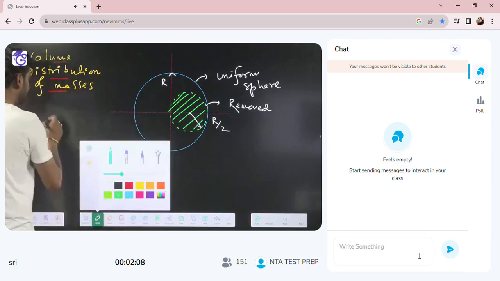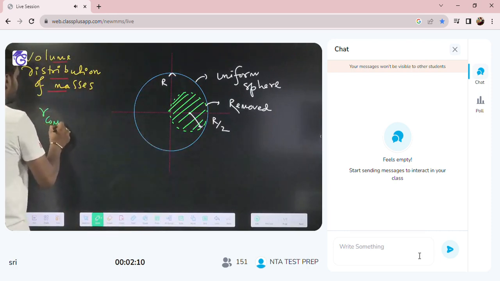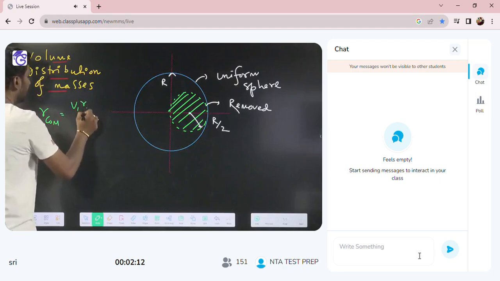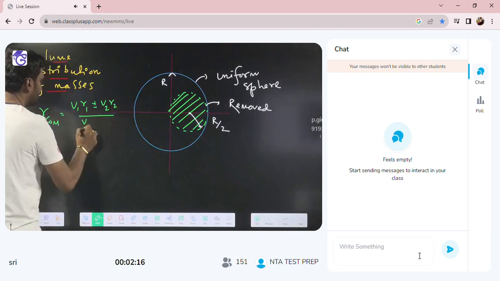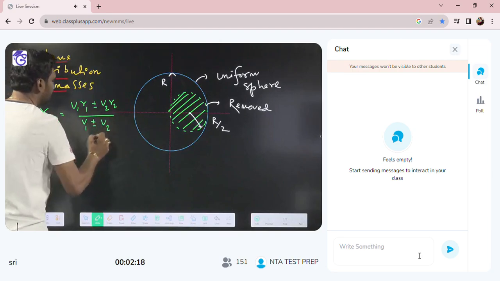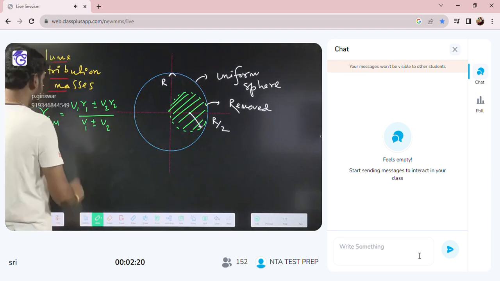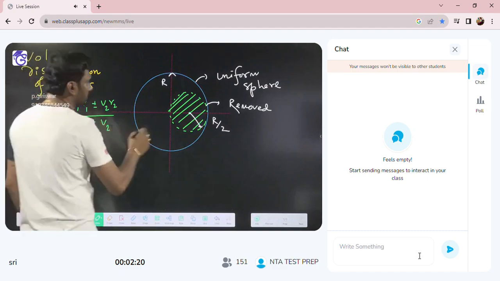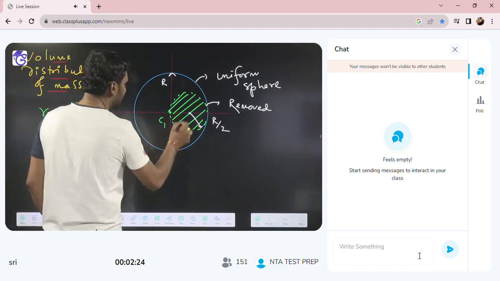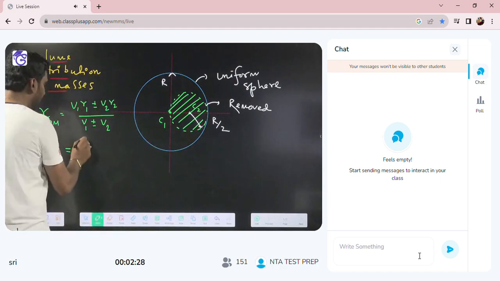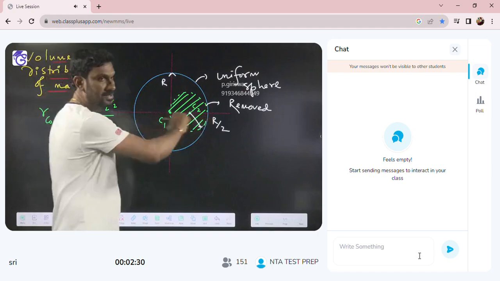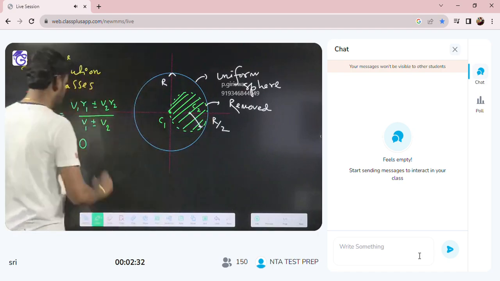We will write R center of mass is equal to V1 R1 plus minus V2 R2 divided by V1 plus minus V2. Okay? V1 R1, by default, it is a center C1, here is a center C2. So by default V1 R1 will be equal to 0. Since mass is removed, we'll have the minus sign.